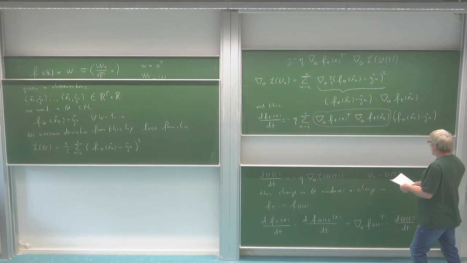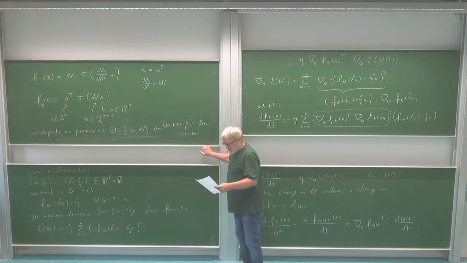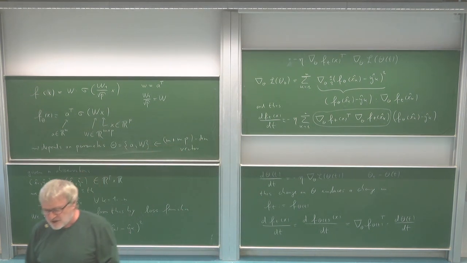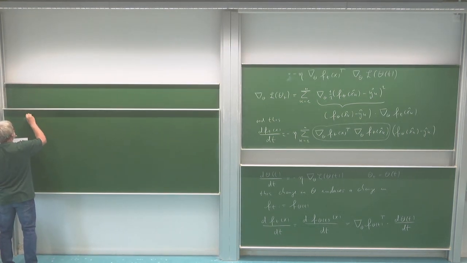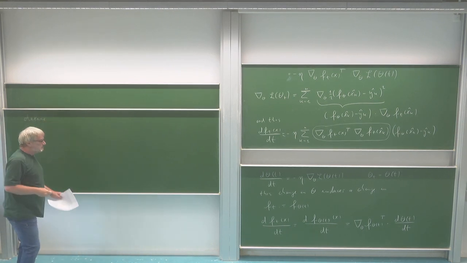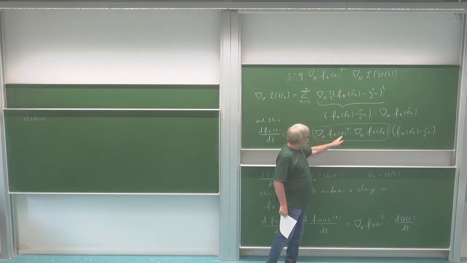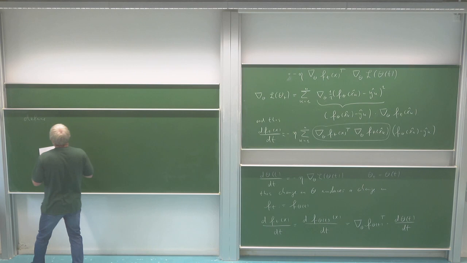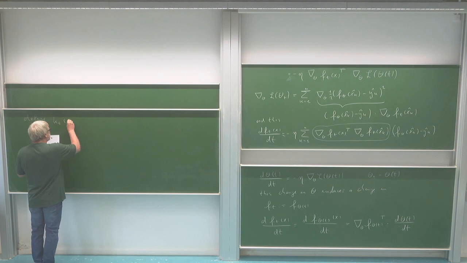So this is an object which has become quite prominent in the last years, and so let me give a name or notation to it, and then we have to understand it a little bit better. So I define, let me call it K. And of course, this object depends somehow on the time, because I am taking here the gradients of this function f_t. So maybe I should put also the time here. So I denote it K_t, and it depends on two vectors.